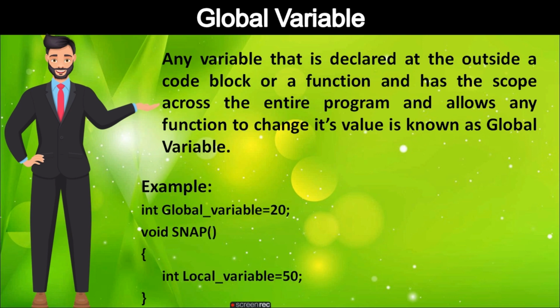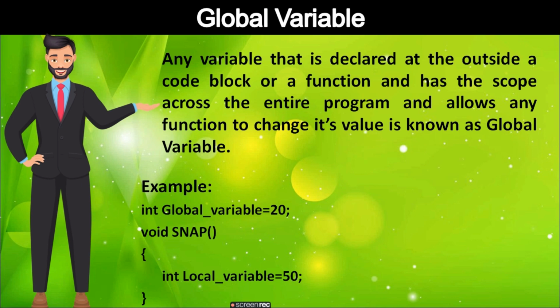Global variables. Any variable that is declared outside a code block or a function, has scope across the entire program, and allows any function to change its value is known as a global variable. Before the snap declaration, snap being our function, I have declared a global variable of integer data type.